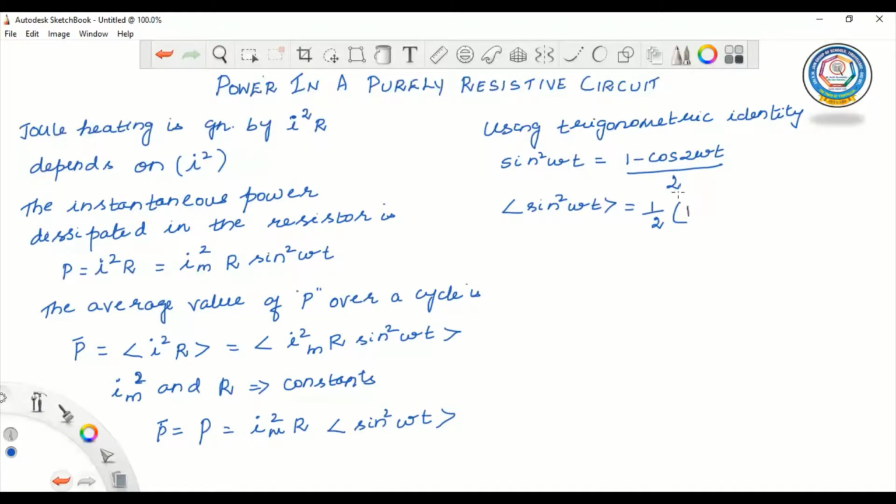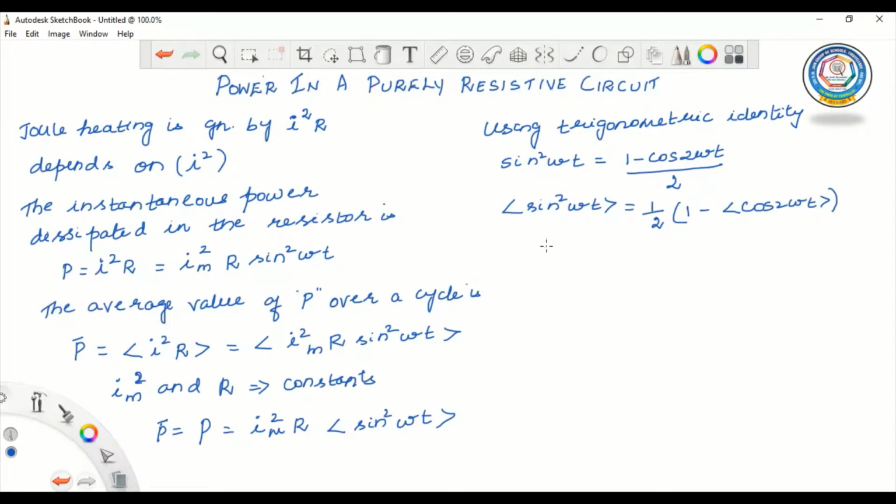Take this 1 by 2 alone out. So 1 minus the average value of cos 2 omega t. Actually, the average value of cos 2 omega t is 0.